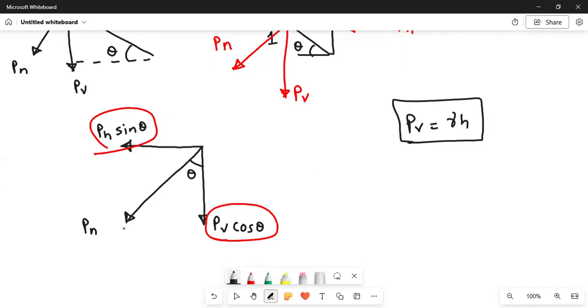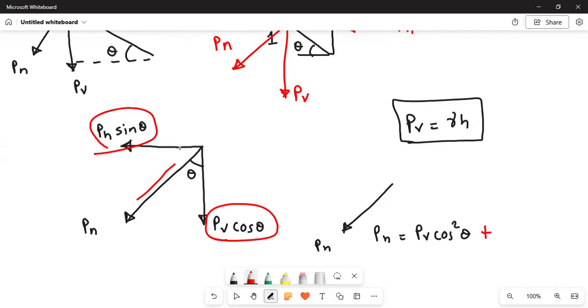So when you resolve in this direction, what is happening? You see, Pn, PV cos theta into cos theta. So Pn equal to PV cos square theta, because already it is having cos theta. When you resolve in this direction, again there will be cos theta. So it will be cos square theta plus PH is also resolved in this inclined direction, in the normal direction.